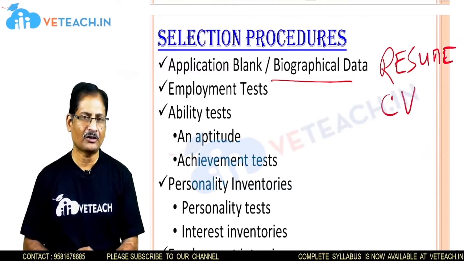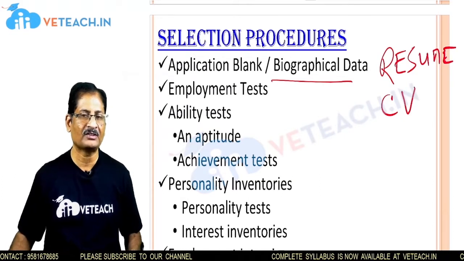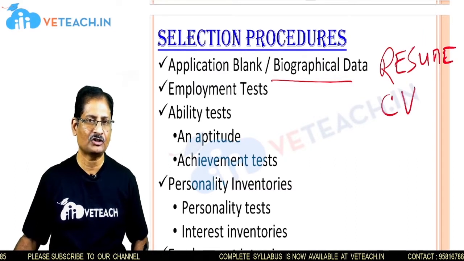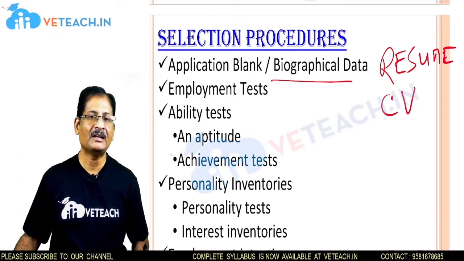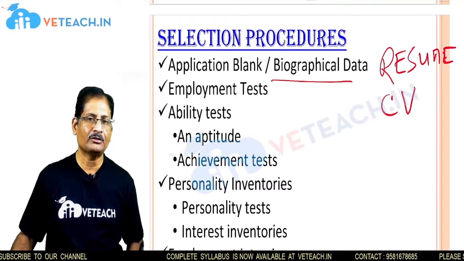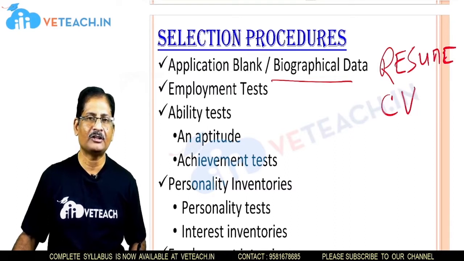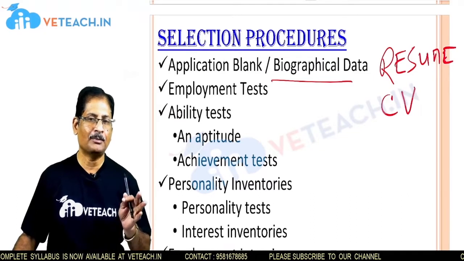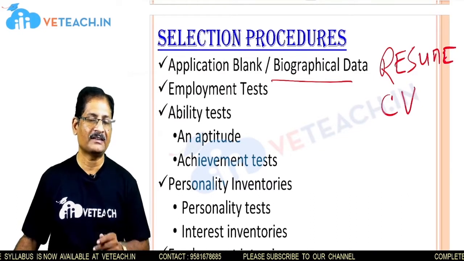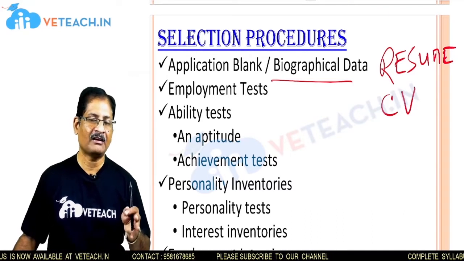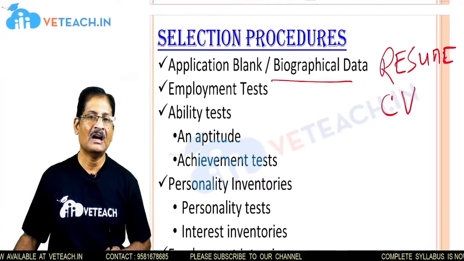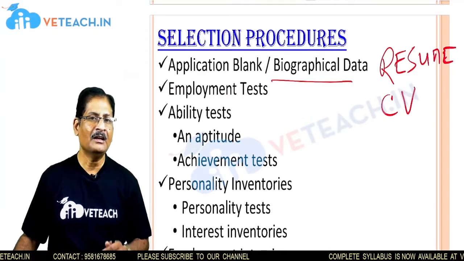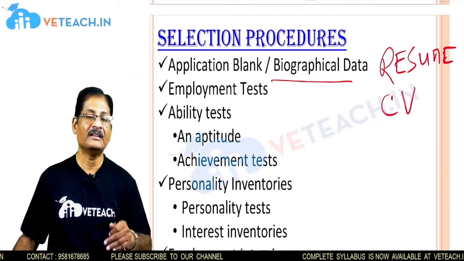The curriculum vitae or resume is the first step in the selection process, where whoever the potential applicant is, who is applying for a particular position available in the organization through the recruitment activity, is supposed to submit a resume or curriculum vitae which gives complete information about his personal information, his educational qualifications, his skill sets, and his experience, if any, and the responsibilities that he took up in the earlier organization, the years of experience, the kind of rewards and recognitions that he got, as well as the previous salary that he drew in the earlier organization.